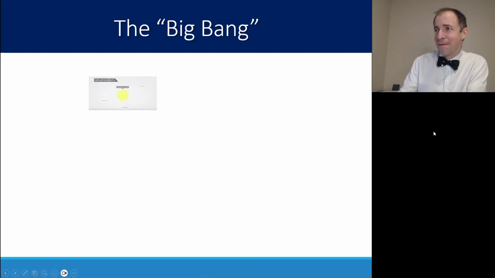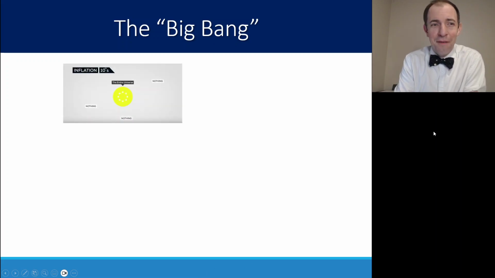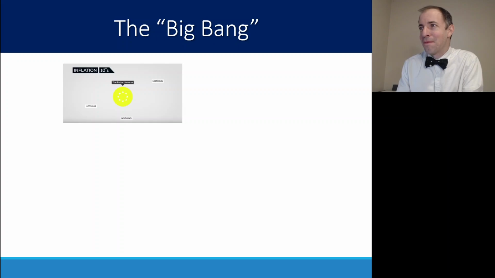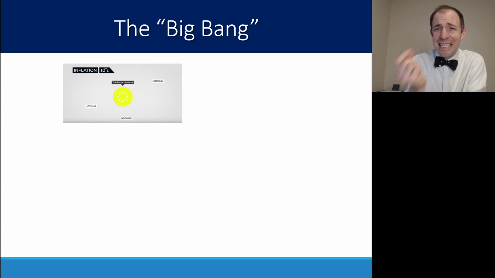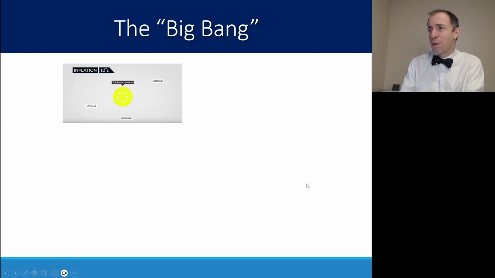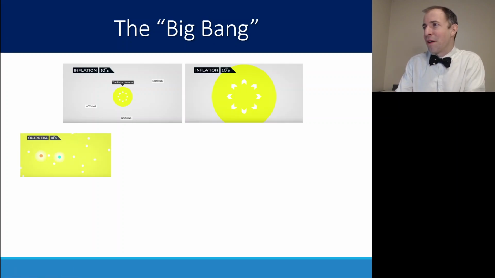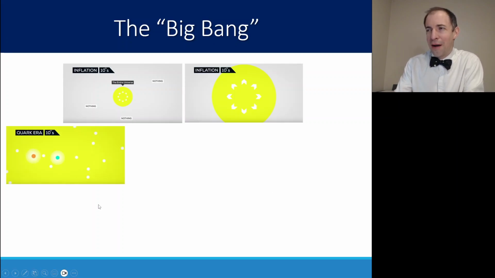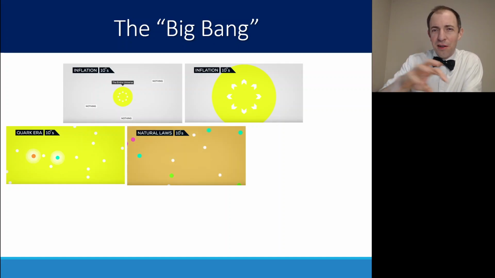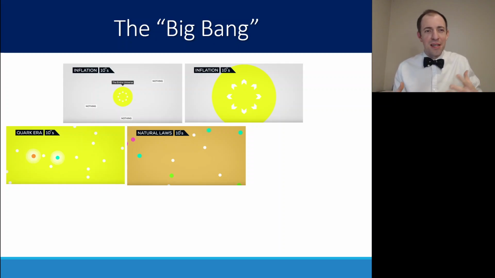So the Big Bang all starts with a very, very rapid inflation. This is a tiny fraction of a second, where the universe starts expanding into nothing. Very, very quickly, that inflation starts to give rise to the quark era, where quarks first start becoming visible, and part of the energy gets converted into that matter. And those quarks can start to form into things like protons and neutrons.